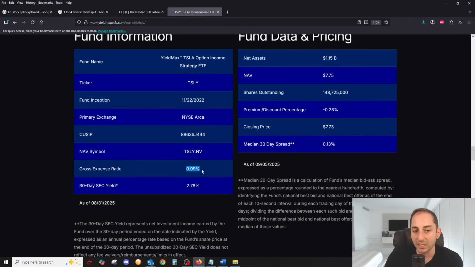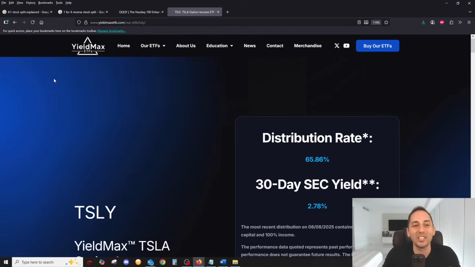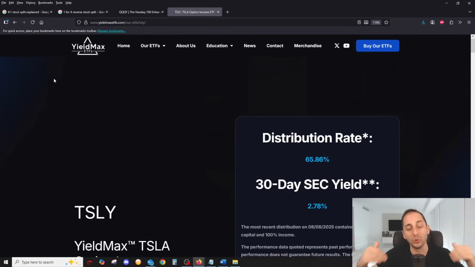They're charging 99 basis points. They're basically making about $10 million of fees a year managing this fund. A little bit more than that, actually. They're not going to let it go to zero, guys. Why would they do that? They could just reverse split to re-prop up the price artificially, right?